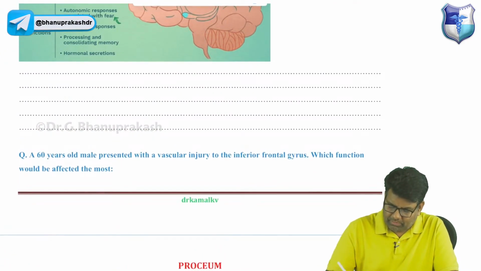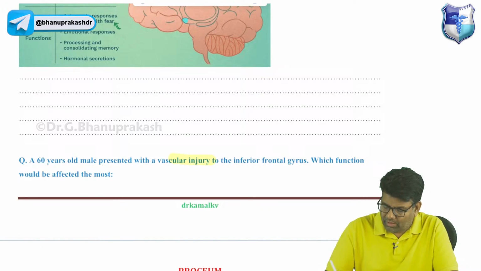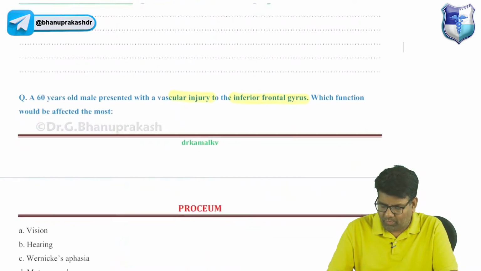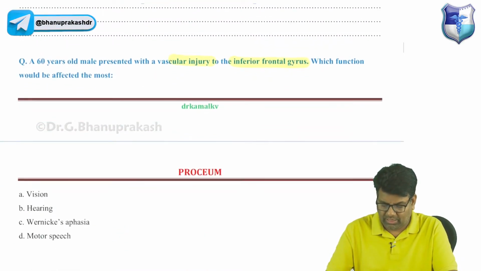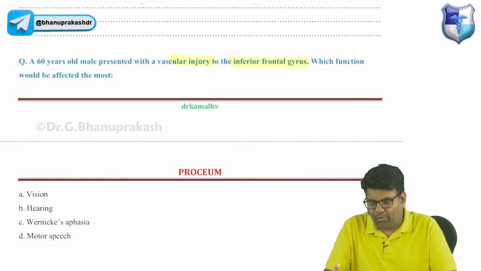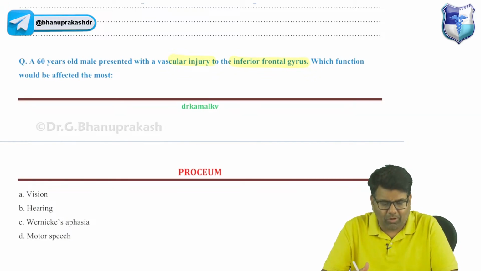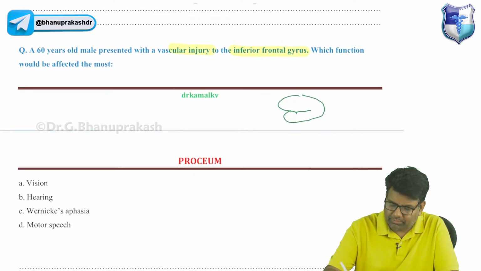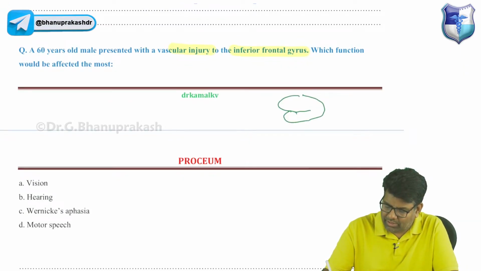Now, next question. An elderly patient with a history of stroke, now having a stroke involving the inferior frontal gyrus, what would be seen? So there is injury or involvement of the inferior frontal gyrus. What can we expect? So this is the lateral sulcus here.